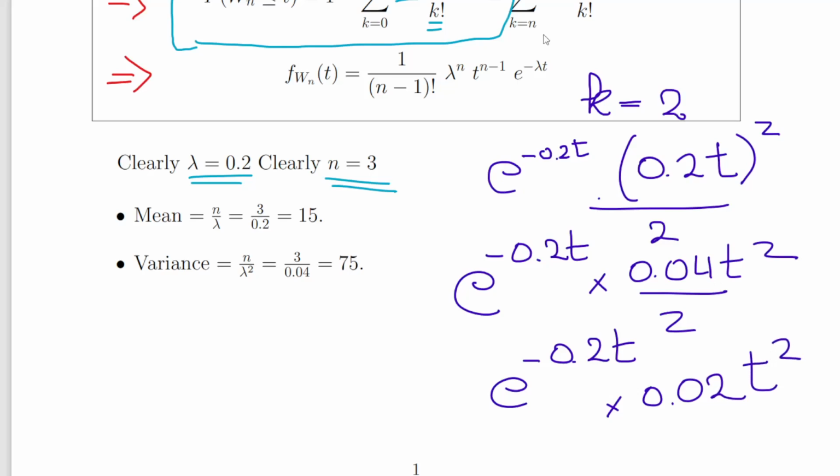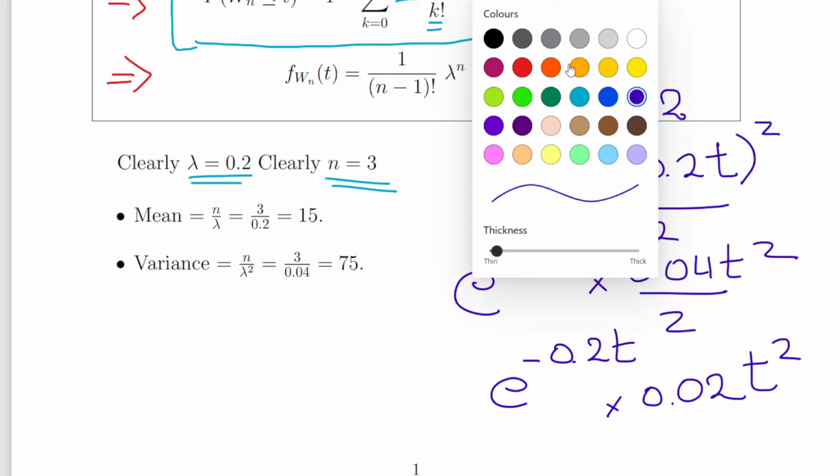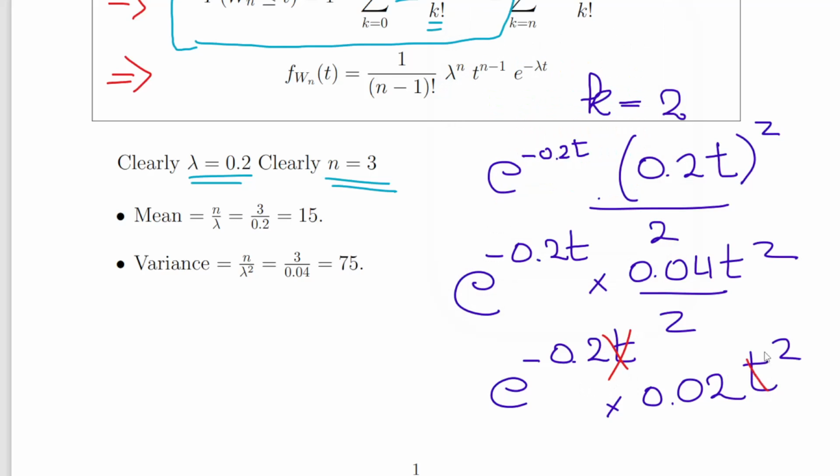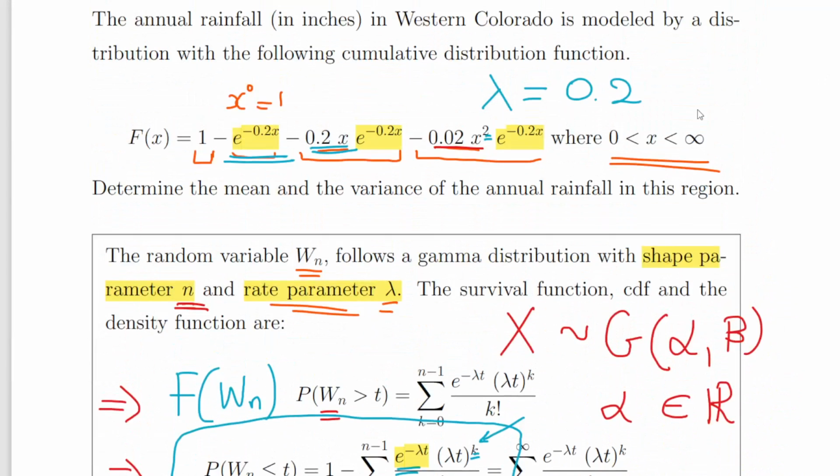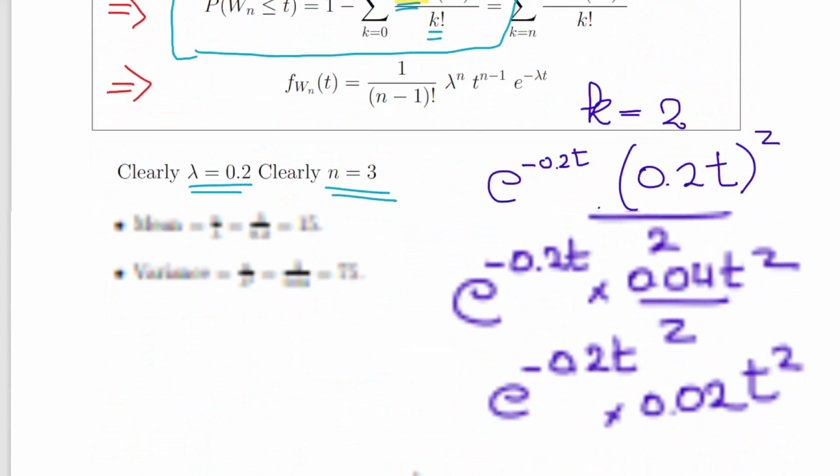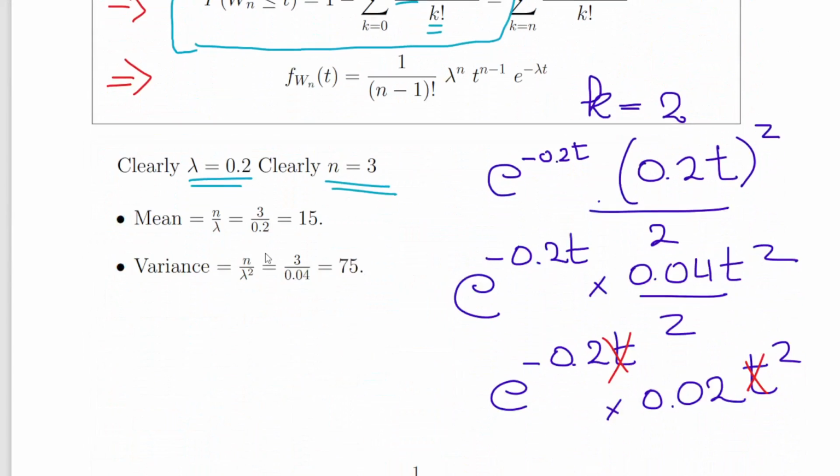It was in terms of x above, so we can interchange x there, and that's what we have in this line here. You can check it for x equals 1, and k equals 0 and k equals 1 as well, so it should work out. I'm happy enough with this answer: lambda equals 0.2, n equals 3.